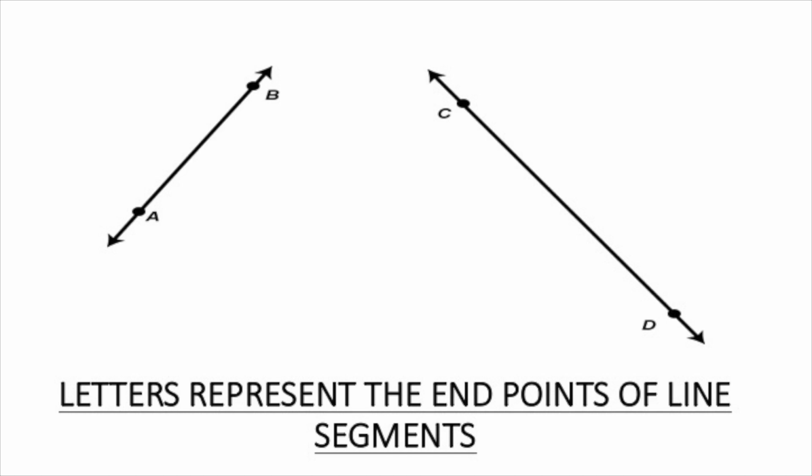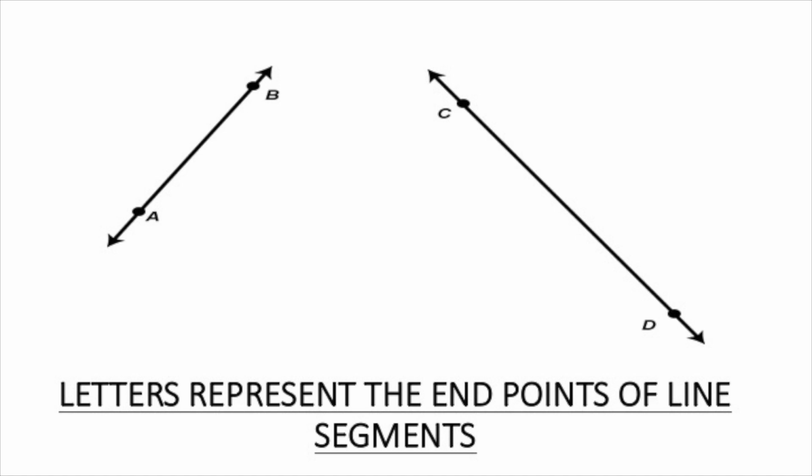Letters represent the endpoints of line segments. You can see here we have point A, point B. So does anybody remember, what do we call this line? Line AB or line BA.